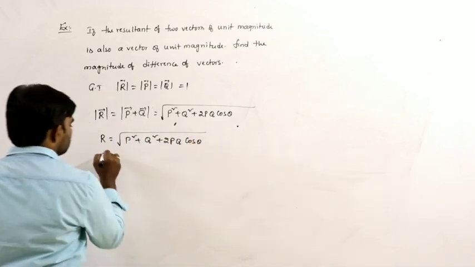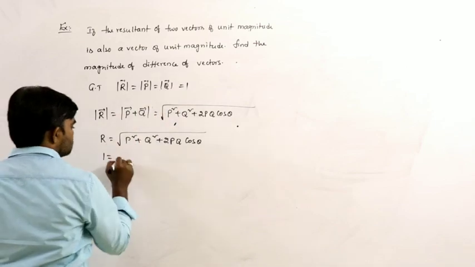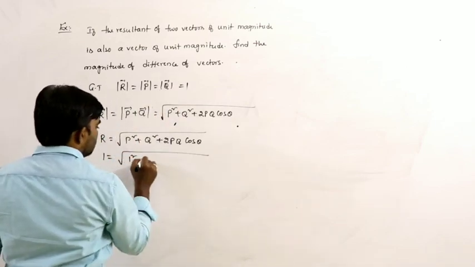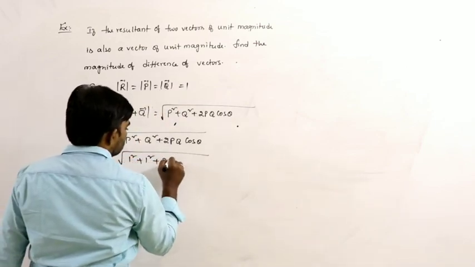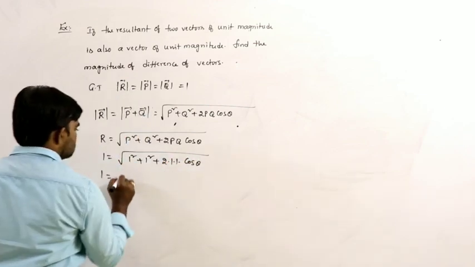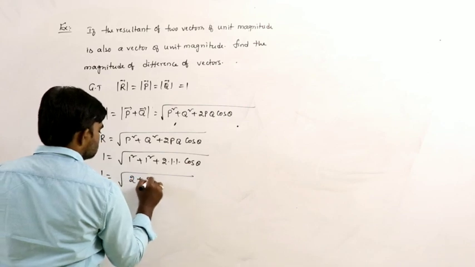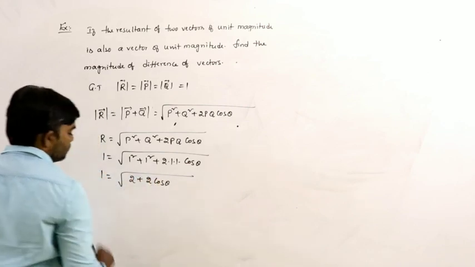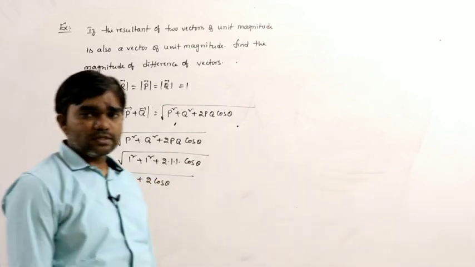Now, what is R? 1. The value of P is 1 and the value of Q is also 1. 2 into 1 into 1 into cos theta. So 1 is equal to square root of 2 plus 2 cos theta.